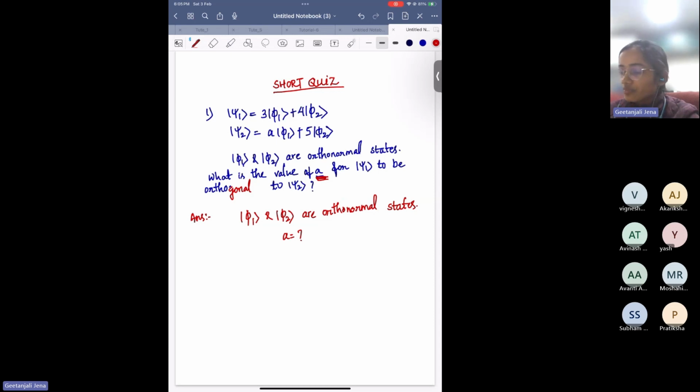Read the question. Given there are two kets, psi1 and psi2. One is given as the superposition of two orthonormal kets, phi1 and phi2, and the other is given, psi2 equal to a phi1 plus phi2. So it is asking what is the value of this A such that these two states are orthogonal.